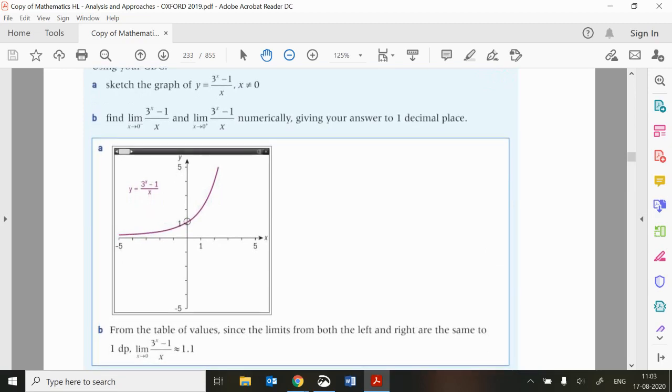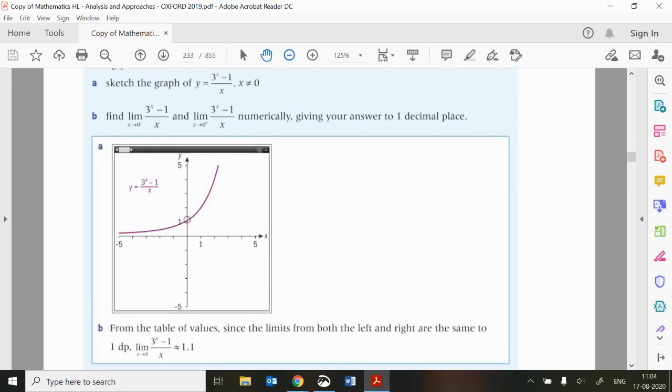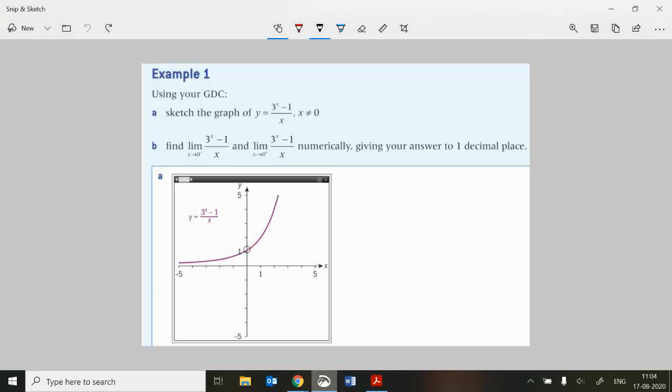So from the table of values, or in other words, from putting in numbers which are closer and closer to 0, you can see that you're getting out 1.1. Okay, so we say that the limit as x tends from the negative side, this function here, is going to become 1.1. So it's equal to 1.1.